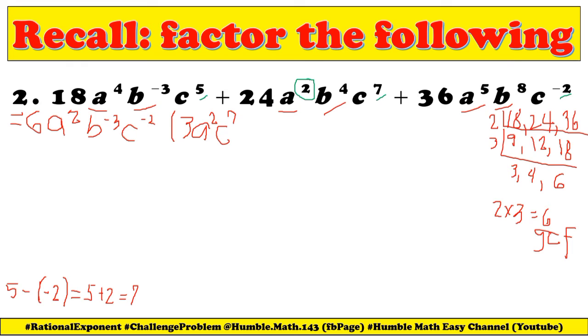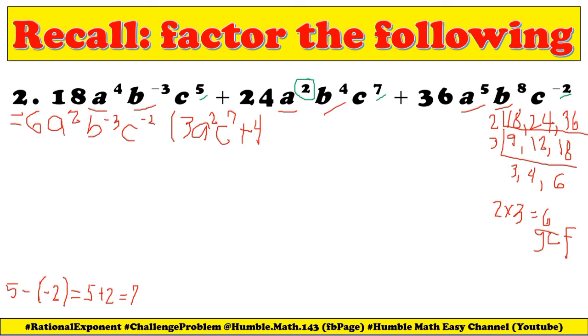For the second term, we have 24 divided by 6, and that is 4, so plus 4. We don't have A here for the second term because we have a squared and a squared, so it became 1.